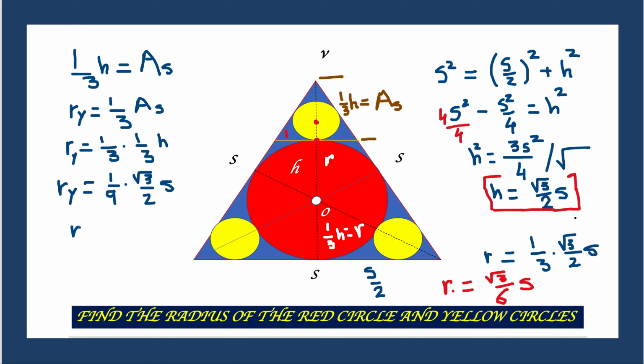When we multiply, the radius of the yellow circle is equal to the square root of 3 divided by 18 times the side s. So this is the radius for the yellow circle, and the red one is the square root of 3 divided by 6 s.